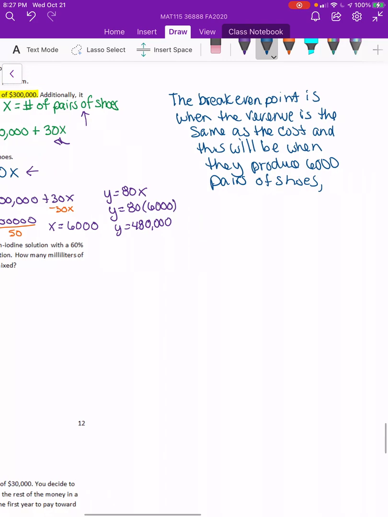We'll also have to say what that 480,000 is. So the revenue and cost will be 480,000.